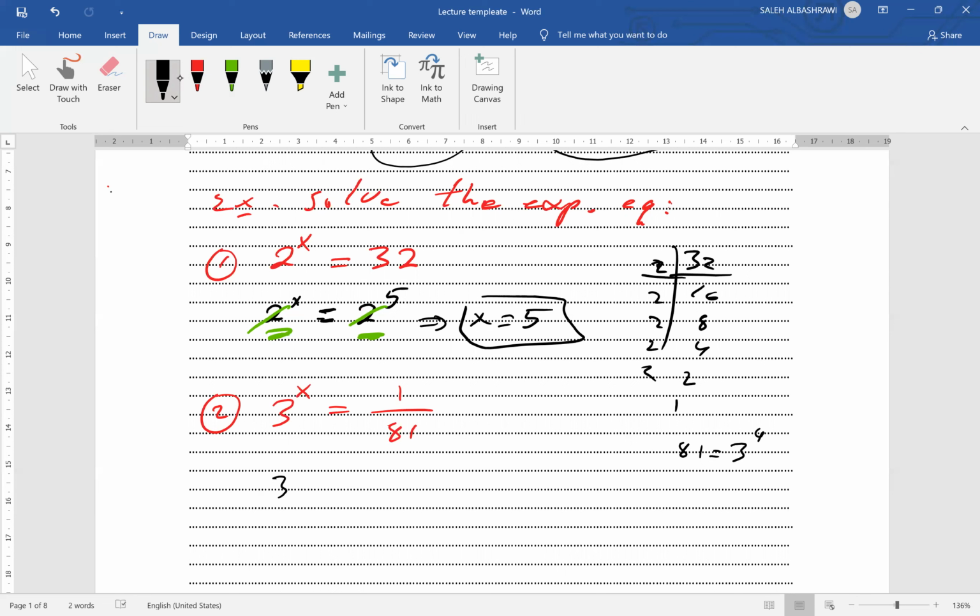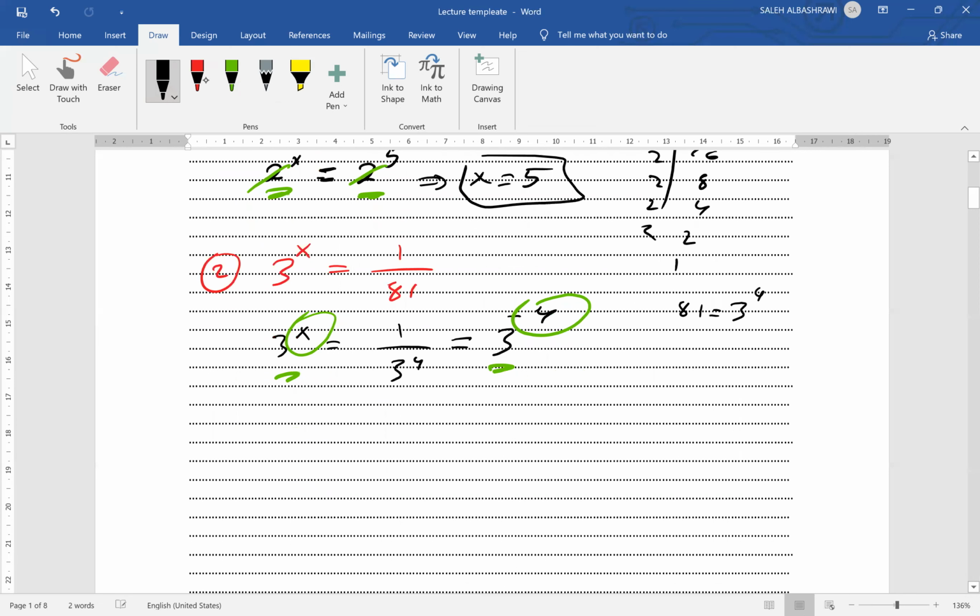So this will be 3 to power x equal to 1 over 3 to power 4, or it can be written as 3 to power minus 4. So I have now the same bases, 3 and 3. So the powers will be the same. In this case, x equal to minus 4.